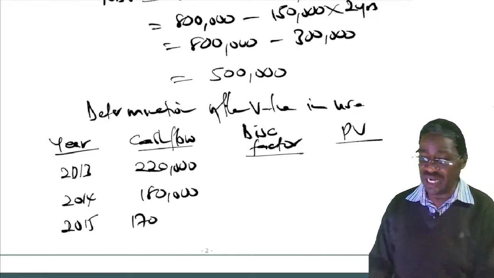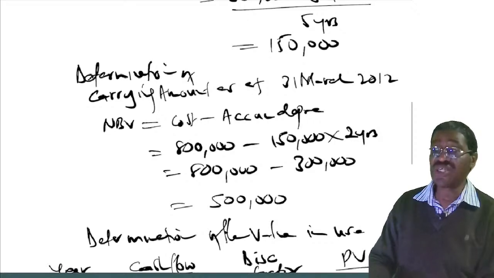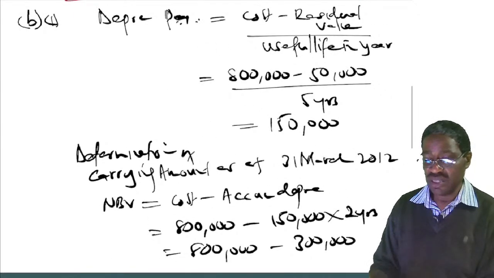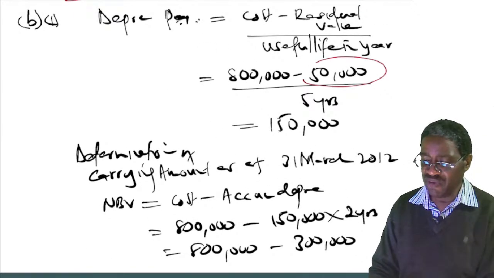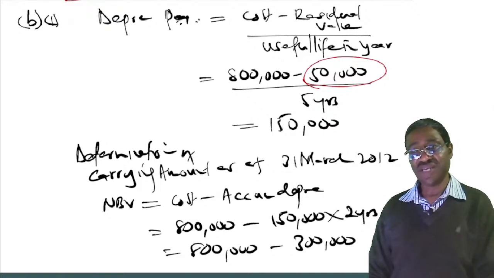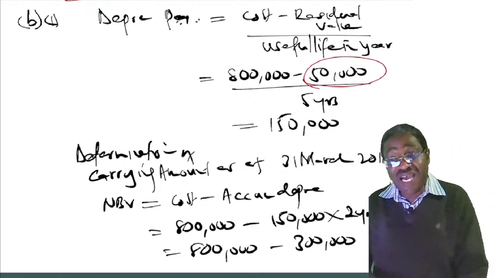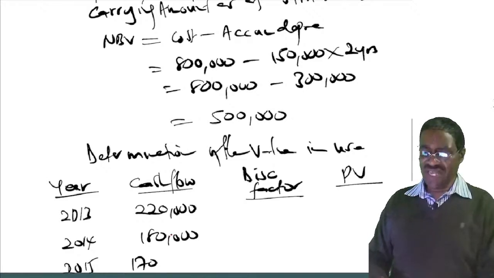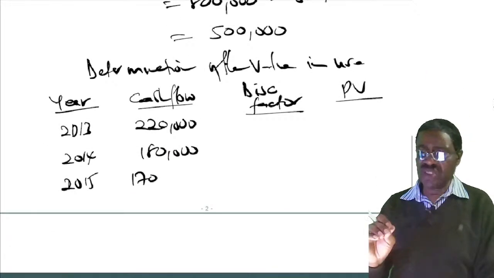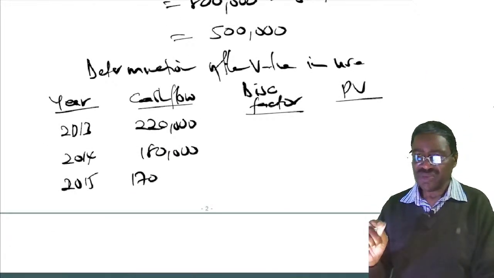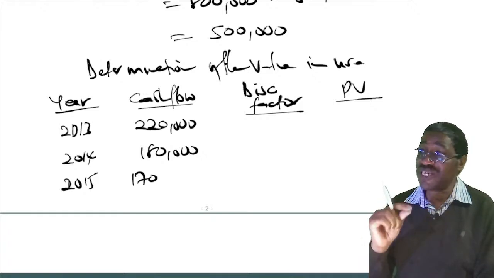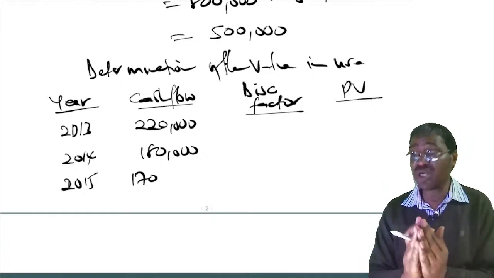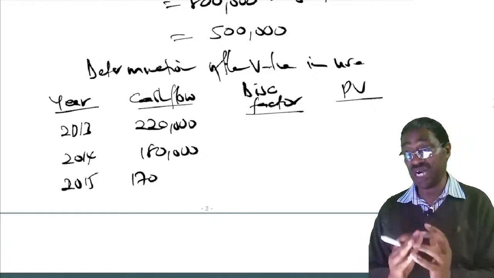You remember the realizable value was how much? It was the same as the scrap value here. The scrap value here was 50,000. So in the third year, the examiner wanted to see how much you will discount as the cash flow that year.